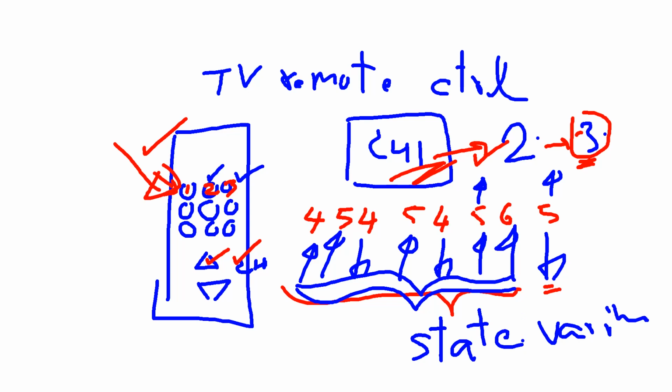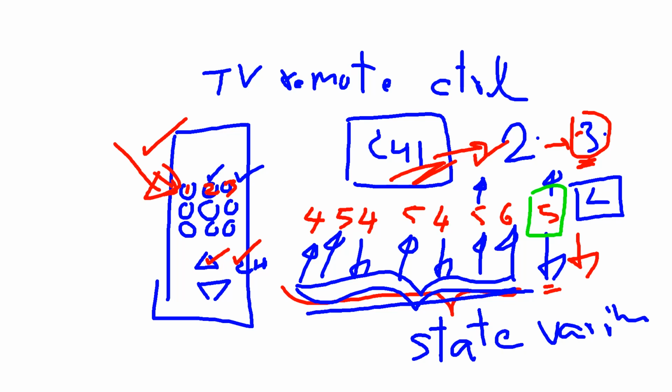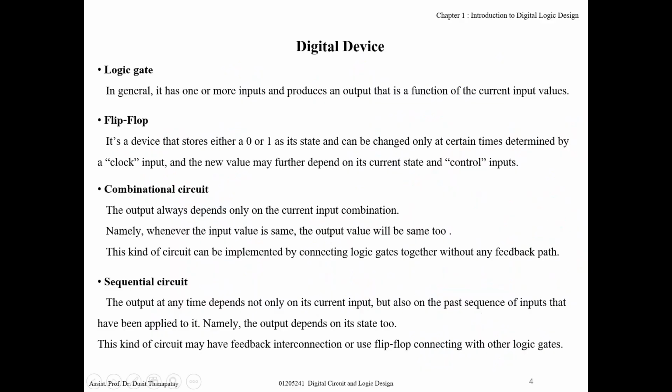For example, if you know that the current state is channel 5, you need not know the previous input sequence. You just know that if the next input is down, the next channel should be 4. If you know the current state and the input, you can know the next output and next state. This is sequential circuit.